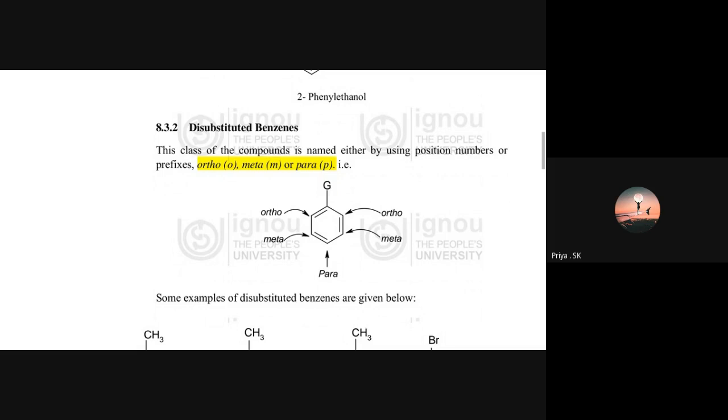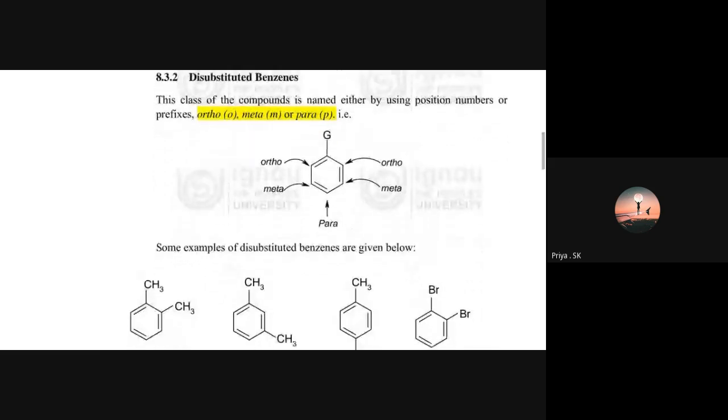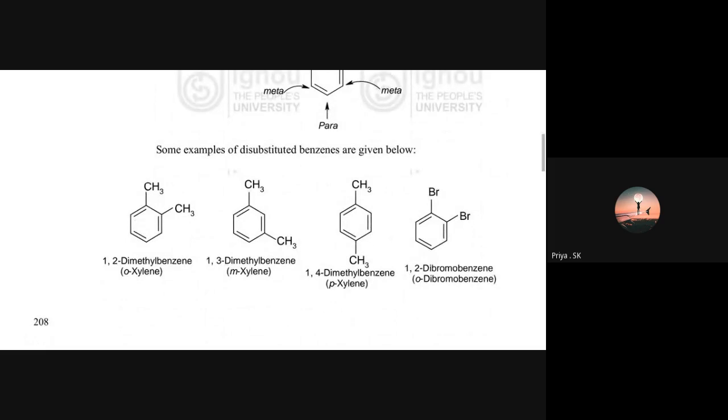So ortho, meta, and para are three types of di-substituted benzenes, such as 1,2-dimethylbenzene, 1,3-dimethylbenzene, 1,4-dimethylbenzene, that is para-xylene, or 1,2-dibromobenzene, that is ortho-dibromobenzene.